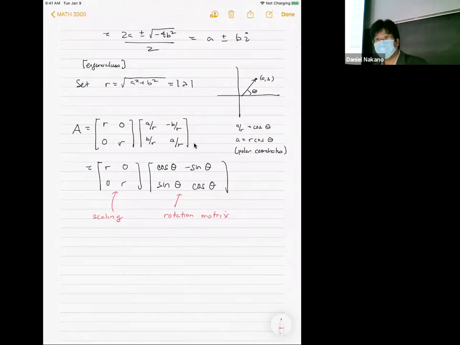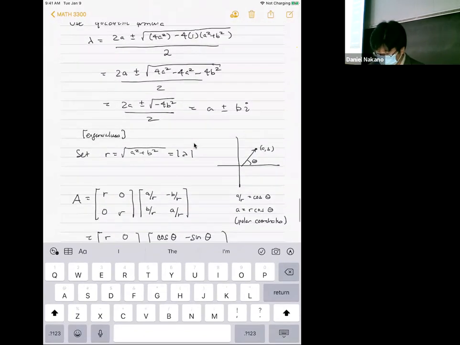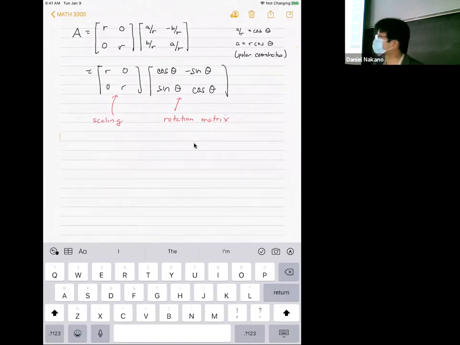It takes a point in the XY plane and rotates it theta degrees. So we've expressed our A, which has complex eigenvalues, as a scaling matrix times a rotation matrix.